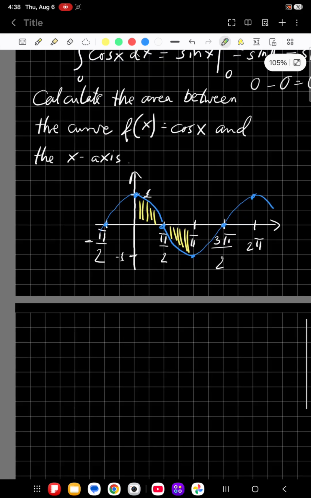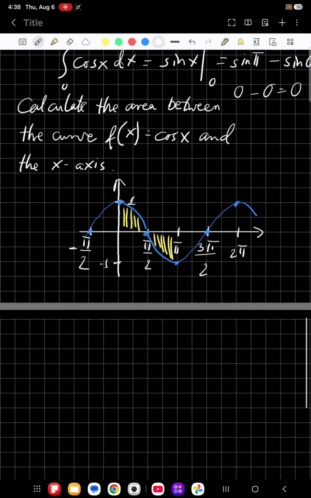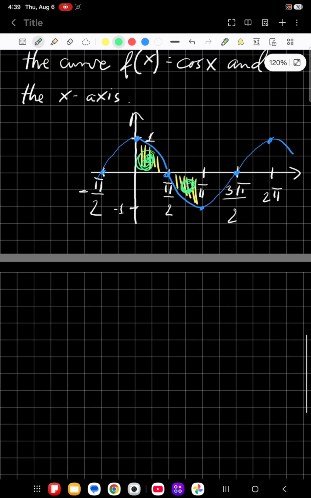All right, so okay, now it's good. So what we'll do, we'll calculate the area of this, and then we add the area of this. That integral will be slightly more complicated because I'll have two integrals. The first one is going to be from 0 to pi over 2 of cosine x dx. So that's that first green area.